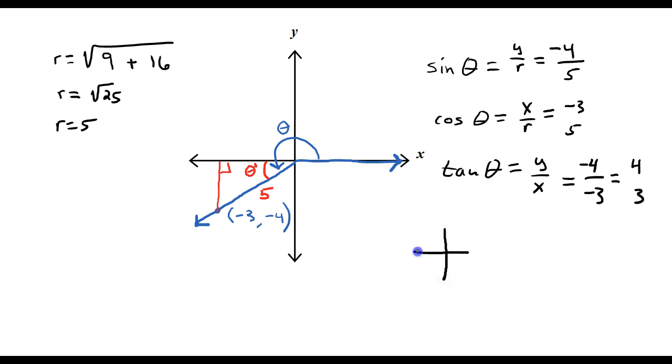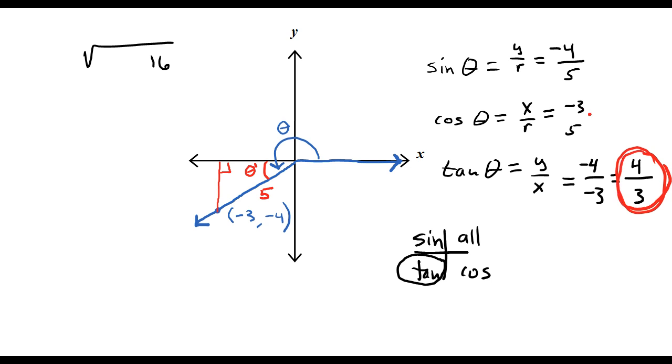So if I look at "All Students Take Calculus," I'm in quadrant 3, which tells me that tangent should be positive, and it is. And everything else should be negative.